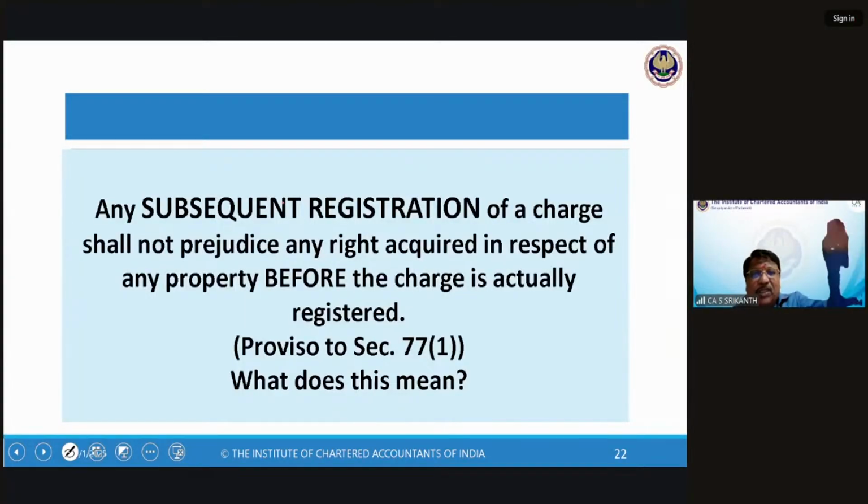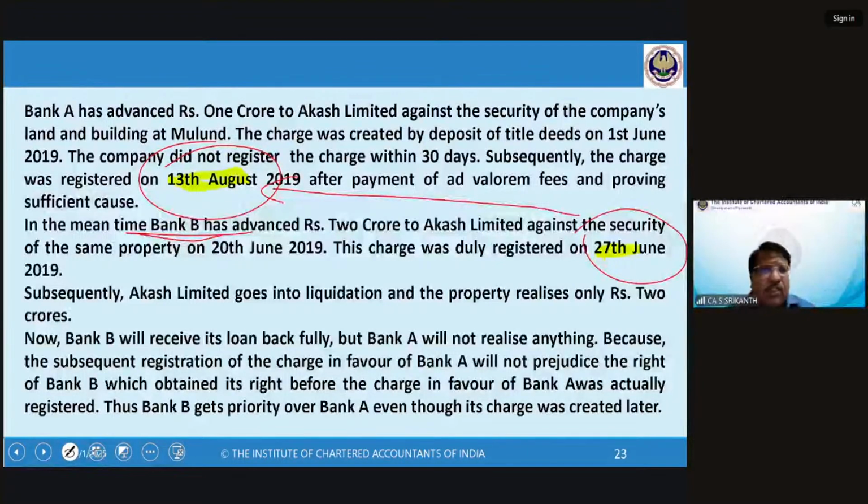Any property before the charge. So, by registering on 27th June, they acquired a right on that property, which is superior to the right acquired on 13th August. Of course, this is the legal principle. But factually, we have to see many things. But by and large, we already saw now, the registration by the Registrar of Companies is a conclusive evidence. There's no further need for me to prove.